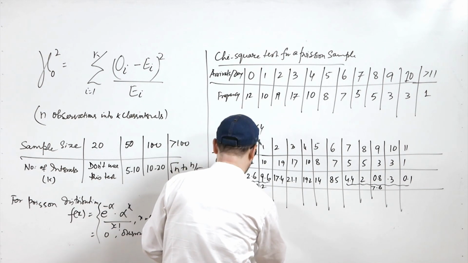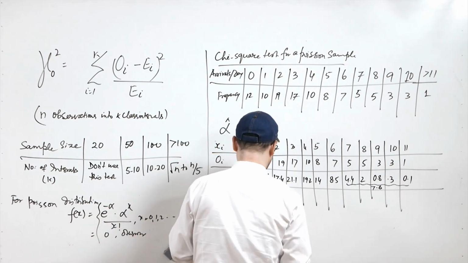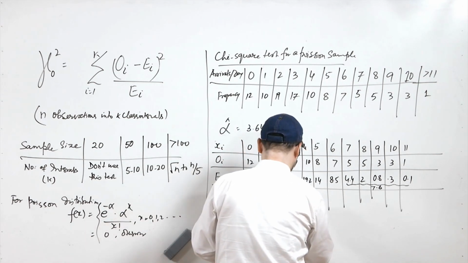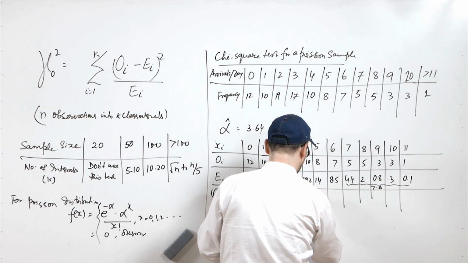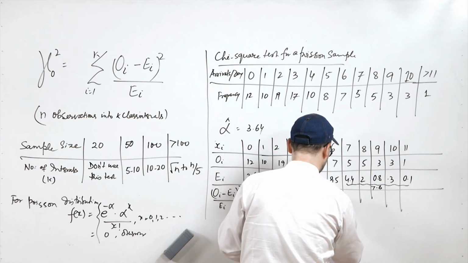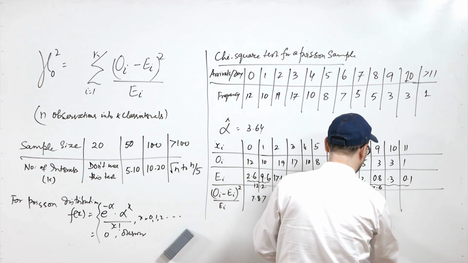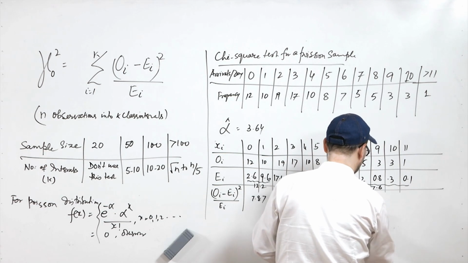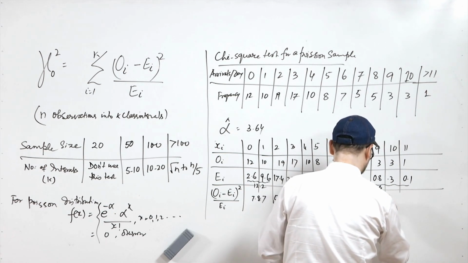So, it will be 7.87, further it will be 0.15, then you have 0.80, you have 4.41, you have 2.57, you have 0.26, and then for all of them together you are getting the value as 11.62.